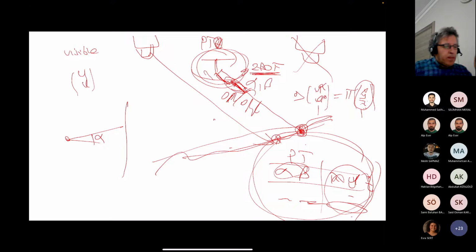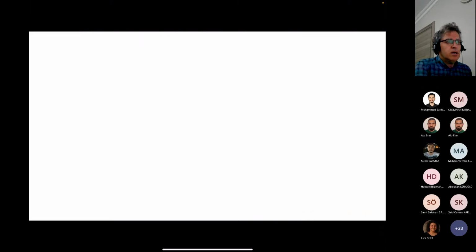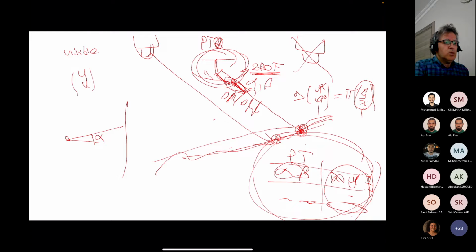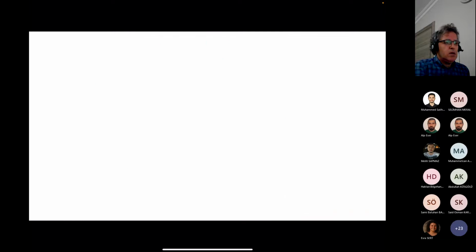Okay, now there are other forms of this projected augmented reality, and one of the things that people do quite a bit is things like this.